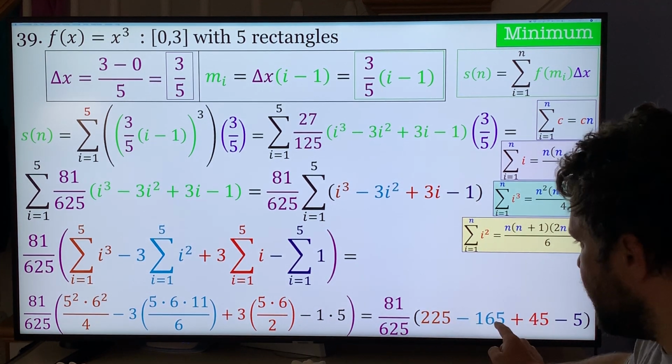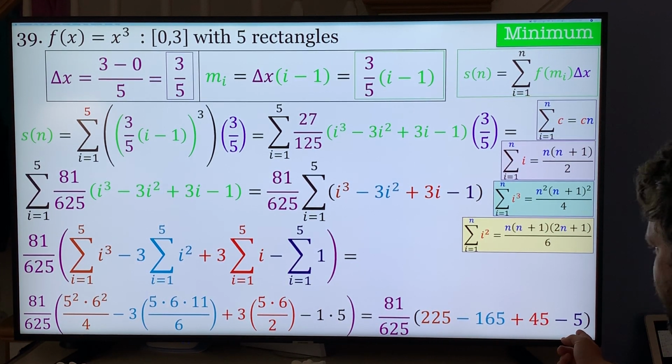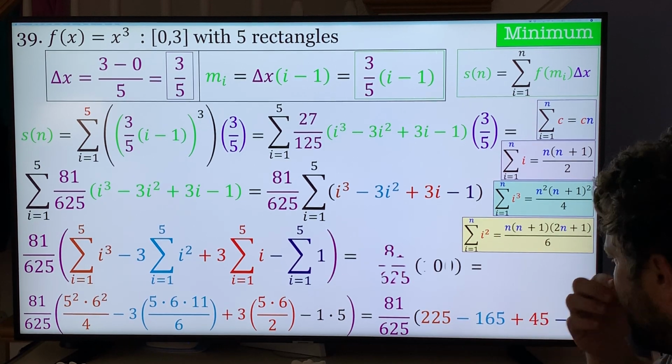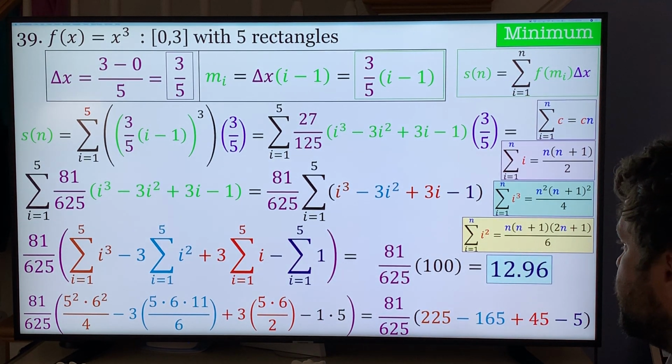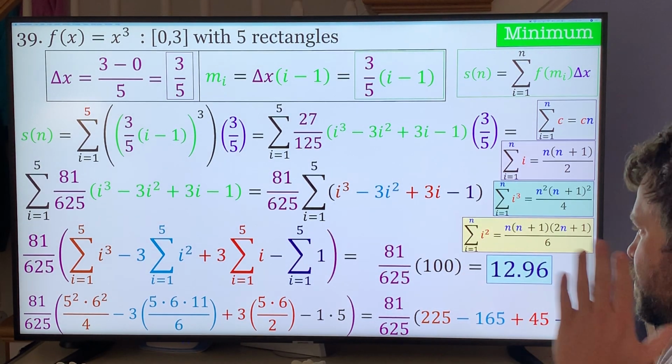So 81 over 625 times this, which actually equals 100. That's 12.96. Boom.